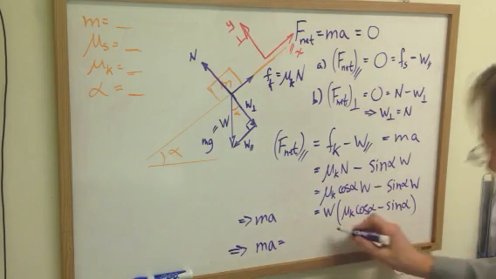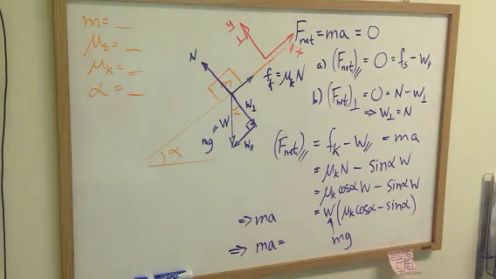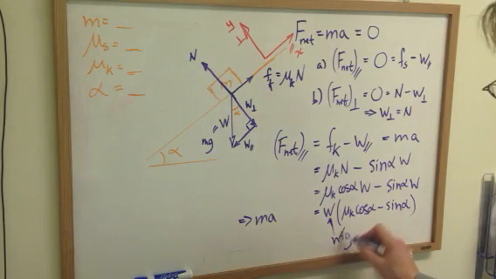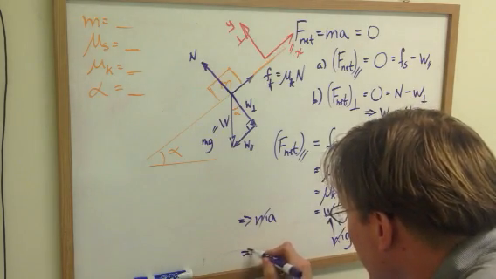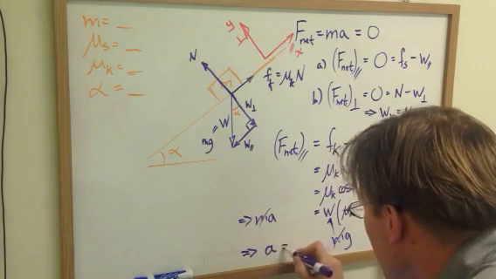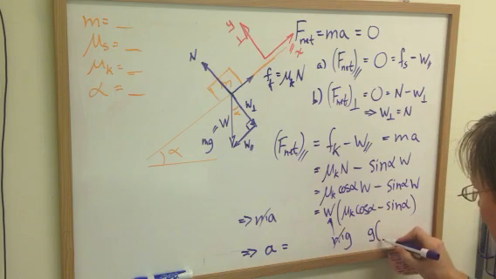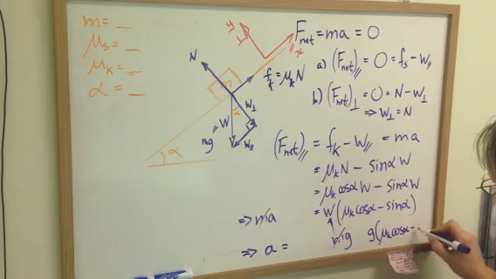Weight itself is equal to mg. The masses cancel. So this implies the acceleration is equal to g times (mu k cos alpha minus sine alpha).